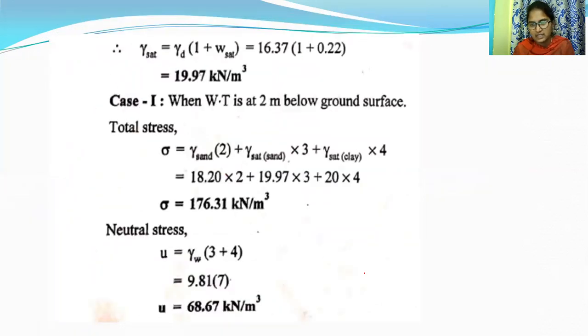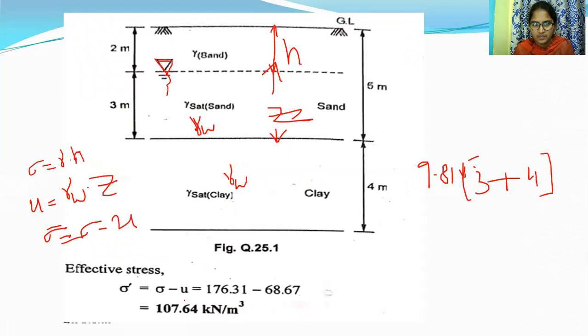Finally, you can calculate sigma dash is equal to sigma minus U: 176.31 minus 68.67, that is equal to 107.64.